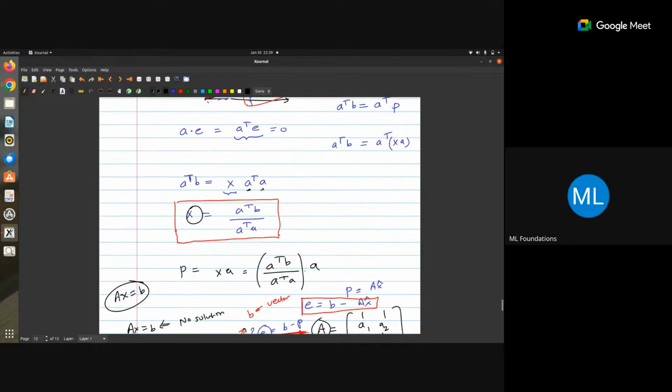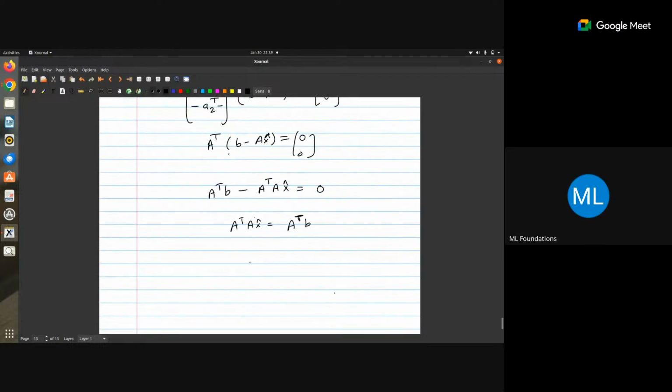So what will I get here now? X hat will be equal to A transpose B upon A transpose A, but it is not A transpose A division now. Why? Because this is a matrix, right? In a matrix, we can't do that. What should we do then? We should go for the inverse. I hope all of you are okay with that part, right?